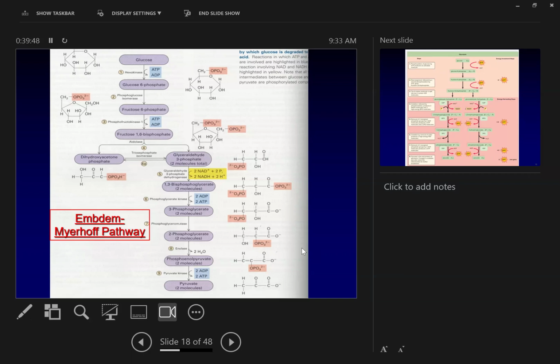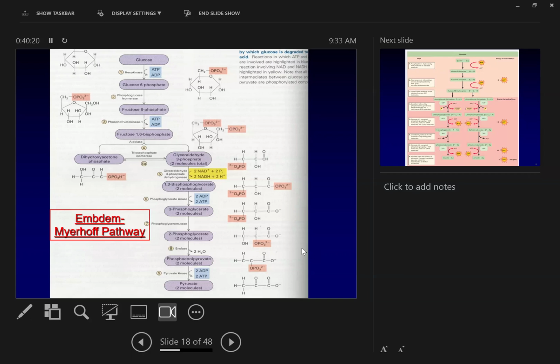After fructose 1,6-bisphosphate, we are going to split that 6-carbon molecule in half. And now we have 2 3-carbon molecules, okay? When we get all the way down to pyruvate, it has 3 carbons. So you start with one 6-carbon molecule, and in the middle of the pathway, we split it into 3-carbon molecules.